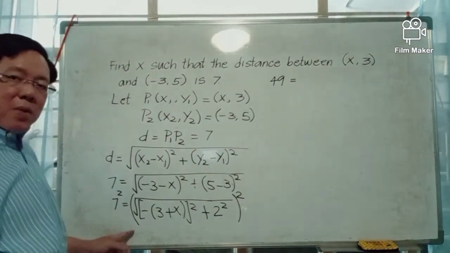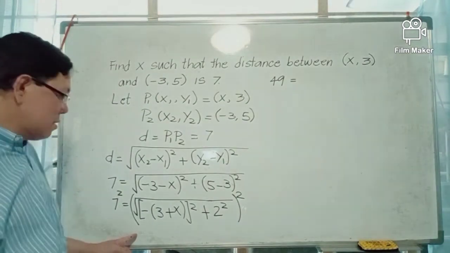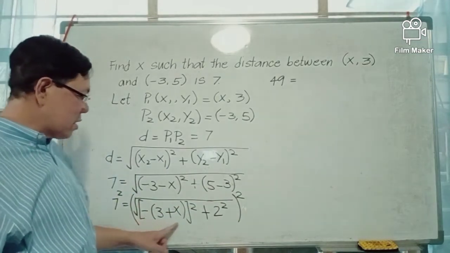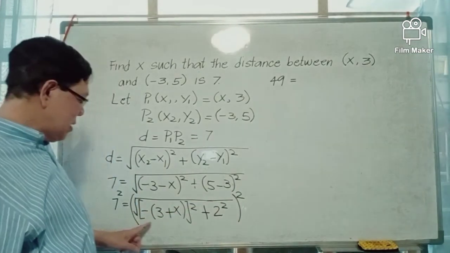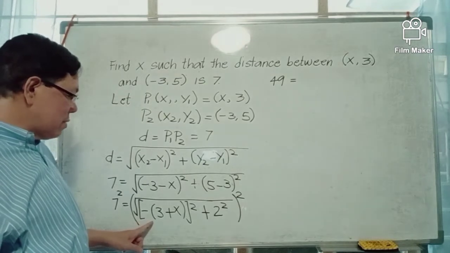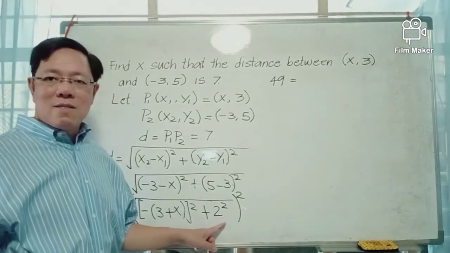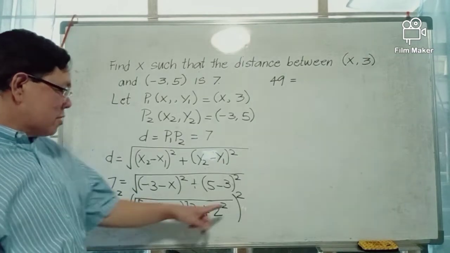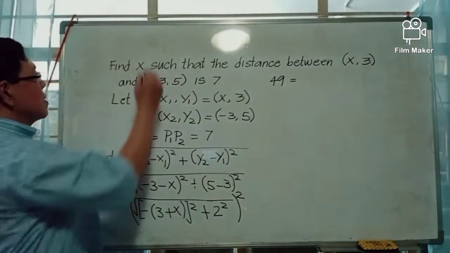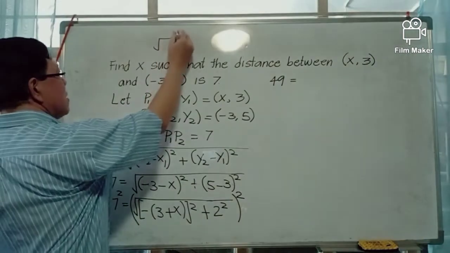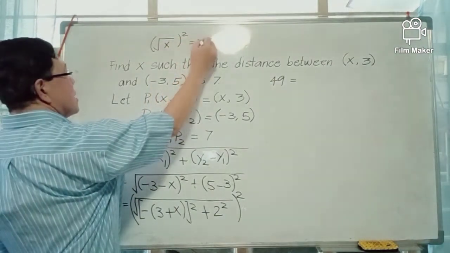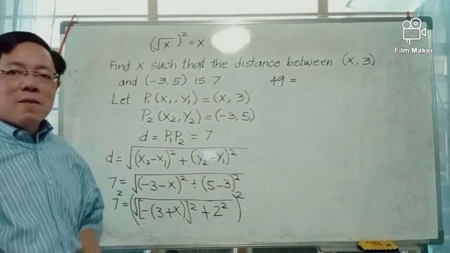And by property of radical, the square of the square root of this expression is simply the expression inside the radical sign, or the square of a square root of x is simply x.